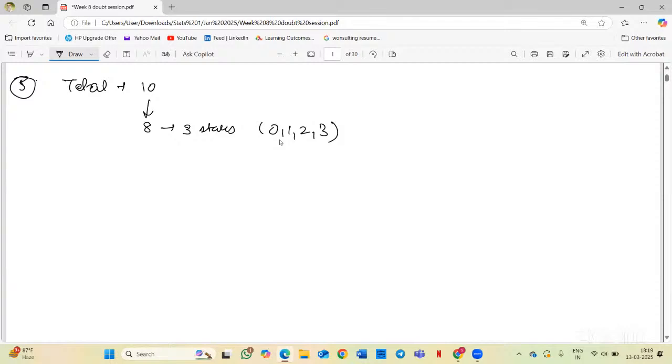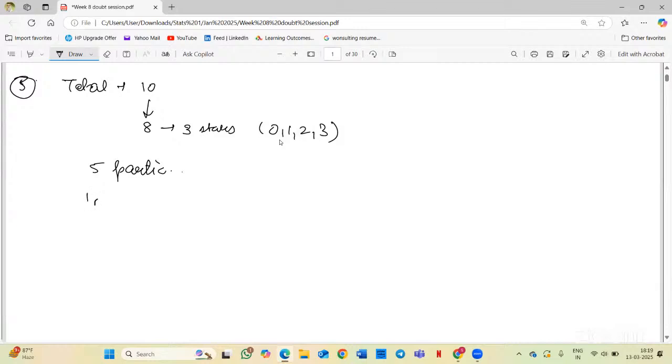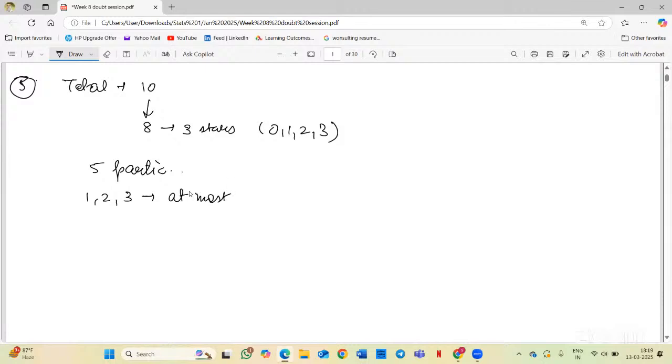Now, we have to select 5 participants such that at least 3 participants must have at most 3 stars. So that means the first participant, the second participant, and the third participant should have at most 3 stars. And the rest of the participants, like we are selecting 5, so the fourth and fifth participant should have at least 3 stars.